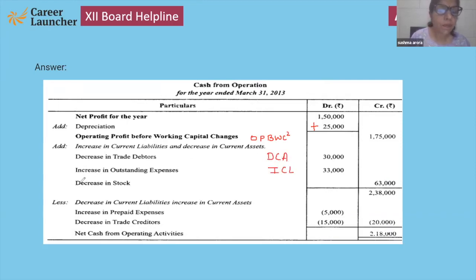Then the opposite of it: ICA should be subtracted, DCL should be subtracted. So these two should be subtracted and your answer will be 2,18,000 net cash from operating activities. See, note down the way how to do that question.